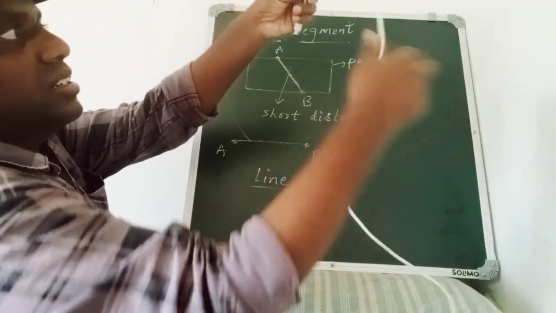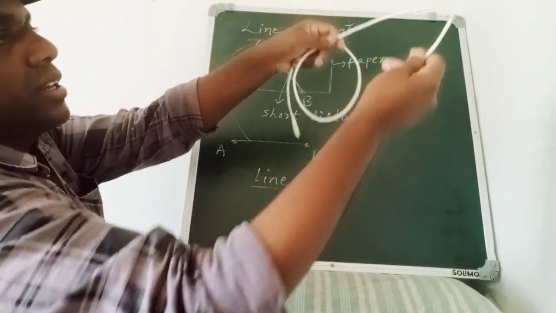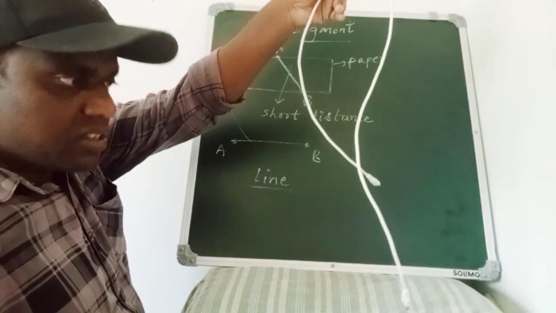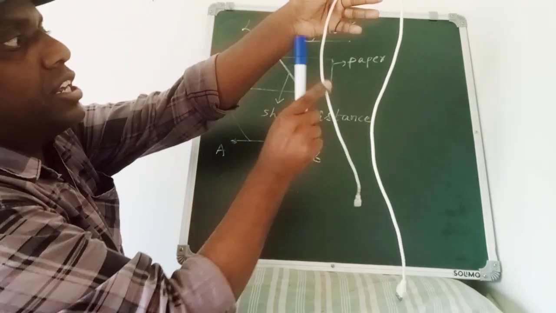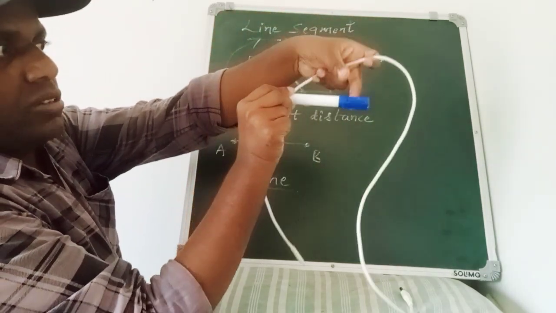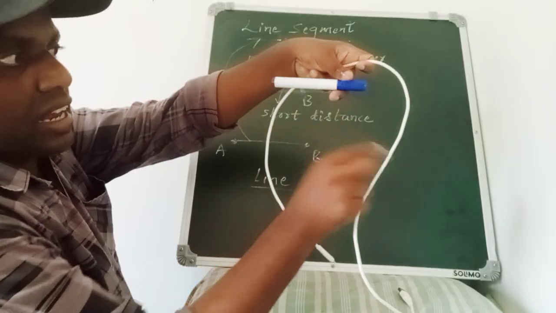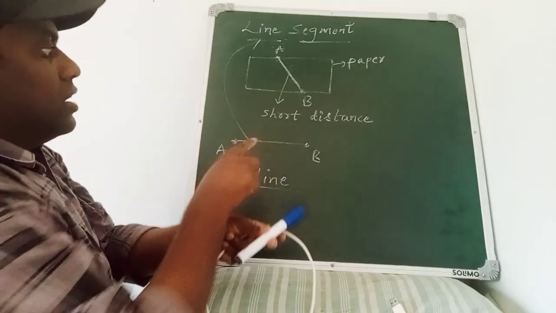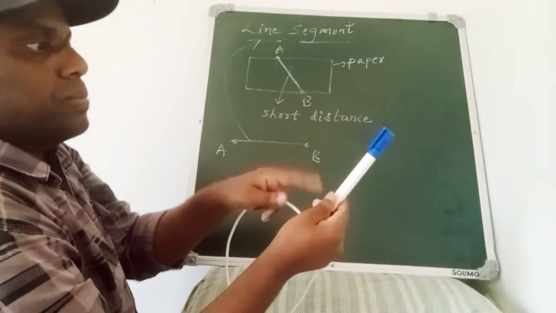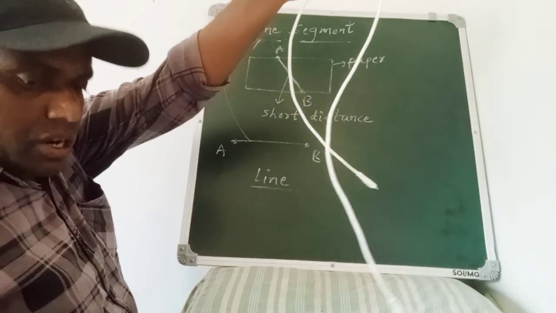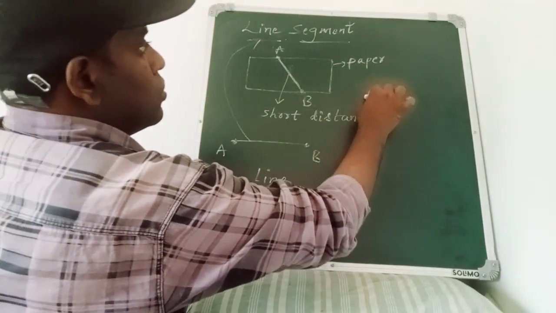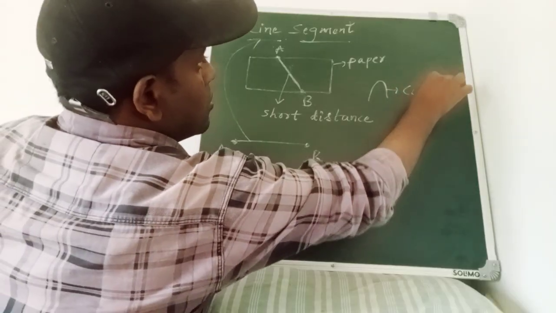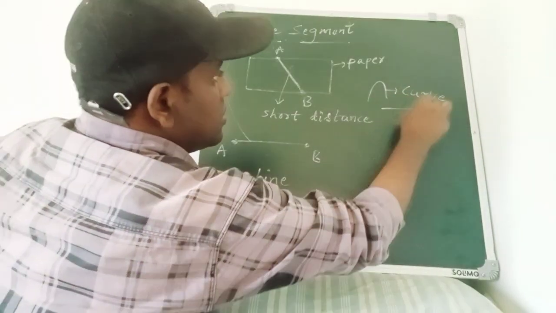It is bent here, bent here, like this. It is not straight, this wire is not like the pen. The pen is straight, there are no bendings. So this line segment should be straight like this pen. Remember, it should not be curved like this. This is curve. This is straight.